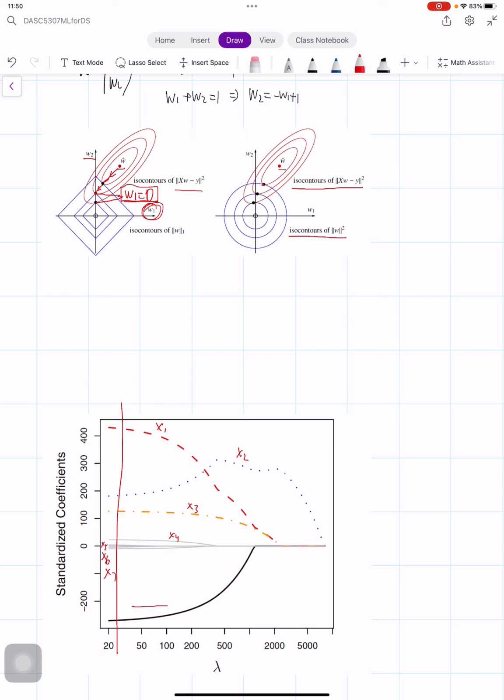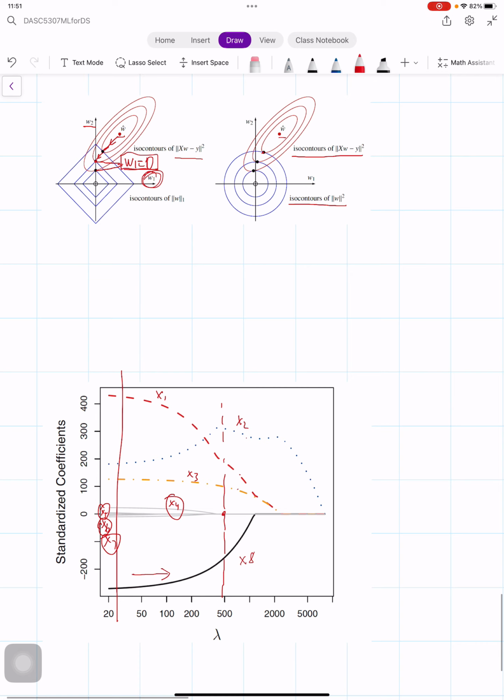But if you increase the penalization, at some point, for example here, the features X4, X5, X6, X7 all have coefficient 0, and only X8, X3, X1, X2 are non-zero. By doing so, we can eliminate the non-important features. And if you give more and more regularization, more and more variables will have weights close to 0.